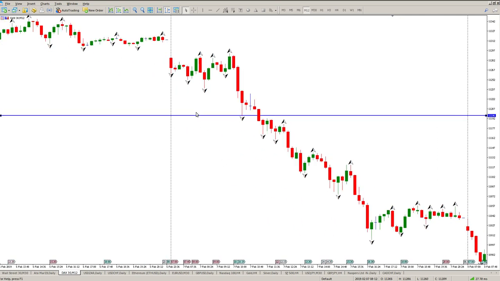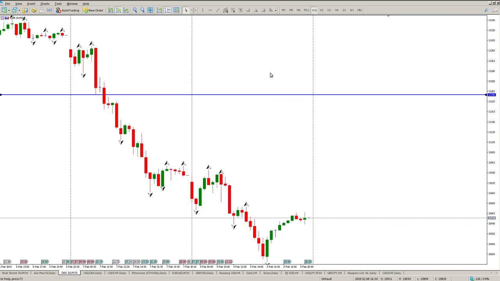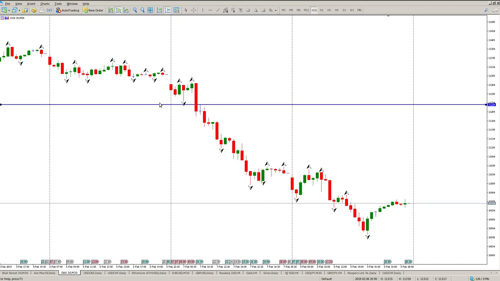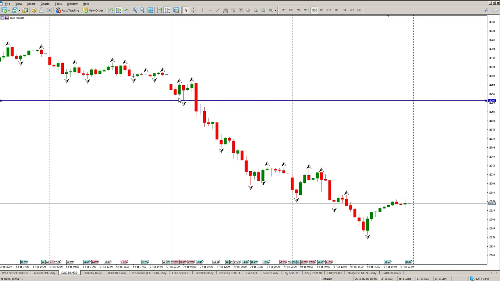Starting, this dotted line down the middle here is the start of a new day. So we're on the 12-minute. This is the start of a new day. Let's go to the 30 minutes, it's going to be a little bit clearer. So the day starts off and we get this fractal. Immediately I know that there were buyers stepping in here.